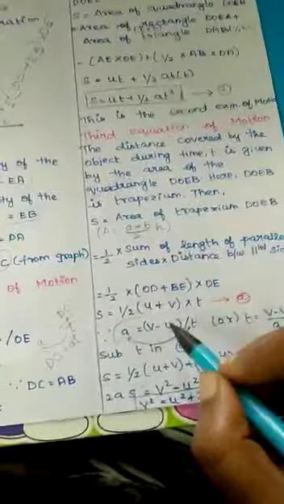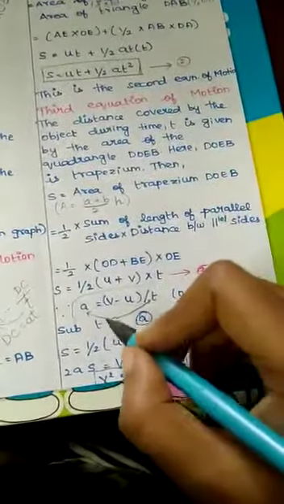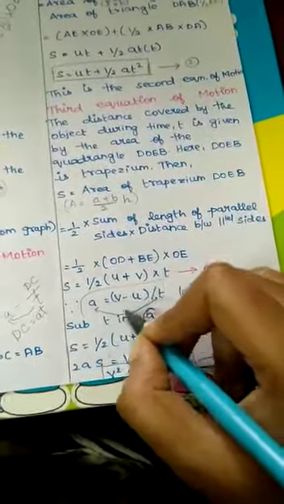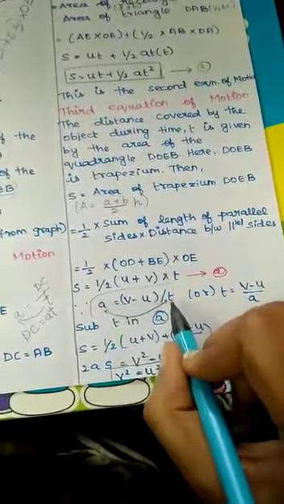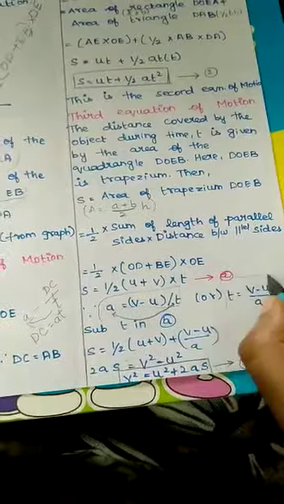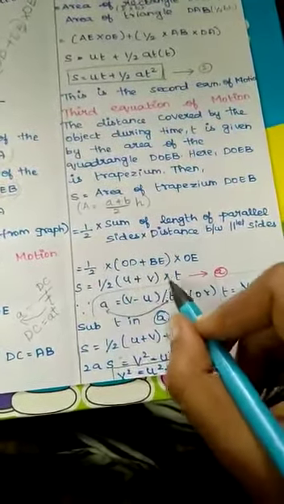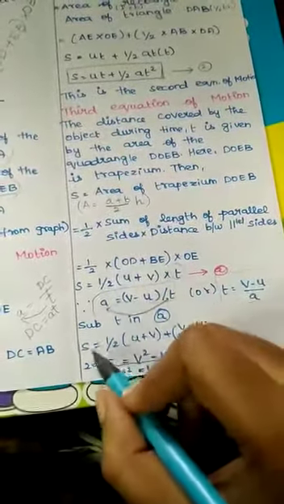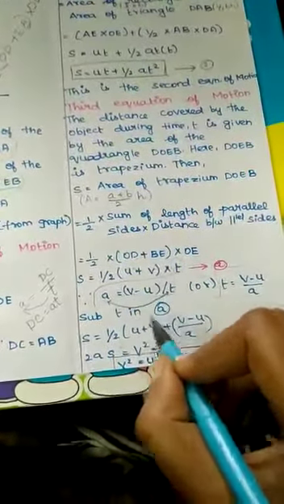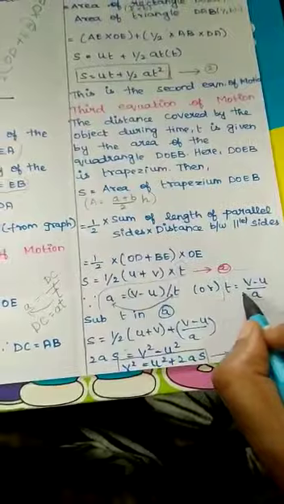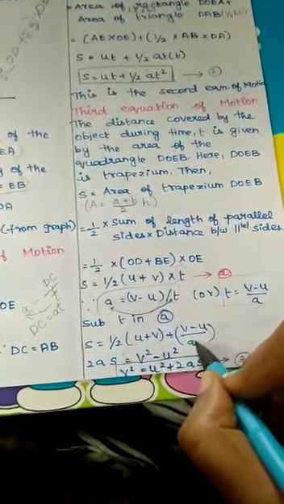So you have A is equal to V minus U by T. You have to just interchange this A and T. T will go this side, A will come down, so that you will get the value of T. So substitute the value of T here. You will get S is equal to half into U plus V, and instead of T, you put V minus U by A.